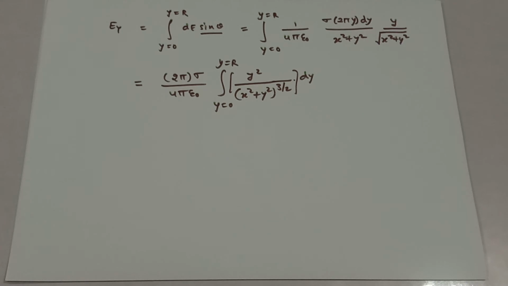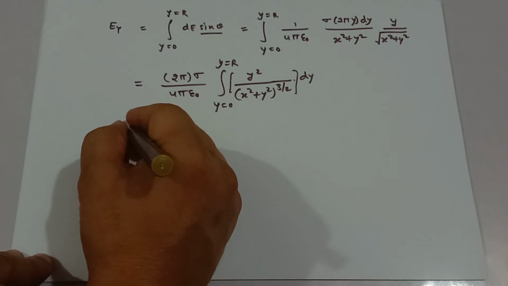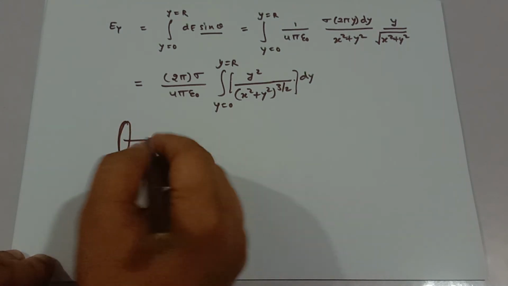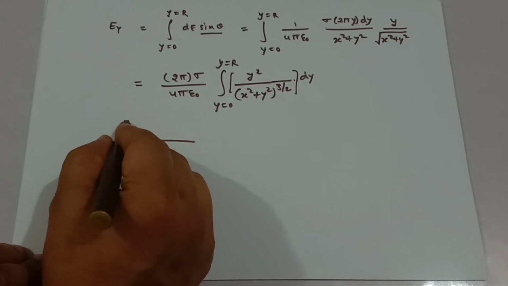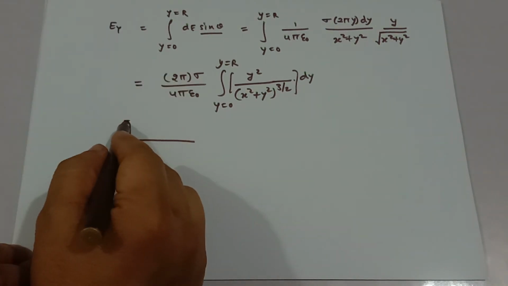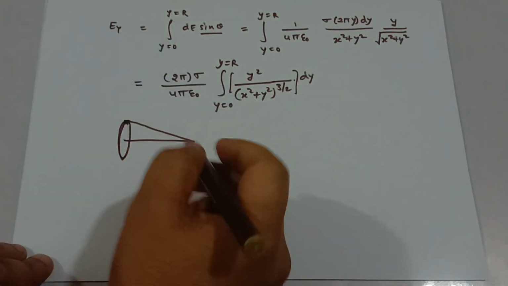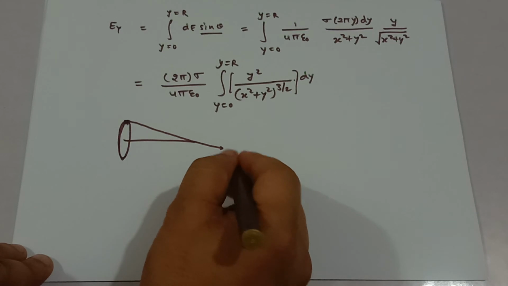Now to calculate this particular thing, we will depend on the argument of symmetry. Suppose we have this particular disk, and the electric field because of this element here, this particular ring, is in this particular direction, and that electric field is dE.